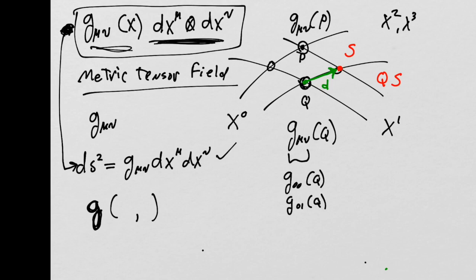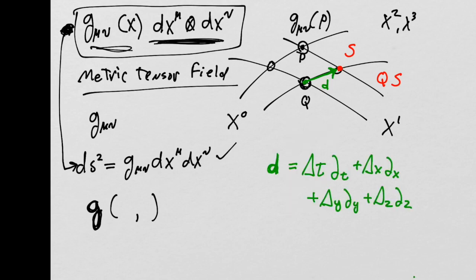And so I would write down, let me erase some stuff here. I'm going to call this vector d some component delta t times the coordinate basis vector in the t direction, some component delta x times the x basis vector, some component delta y times the y basis vector, and some component delta z times the z basis vector.